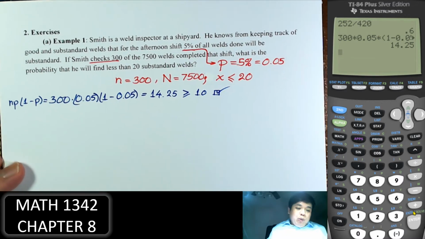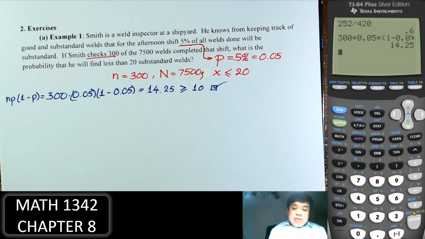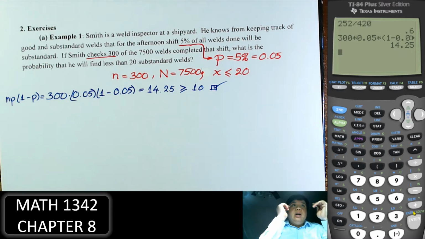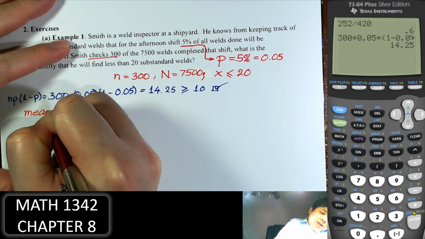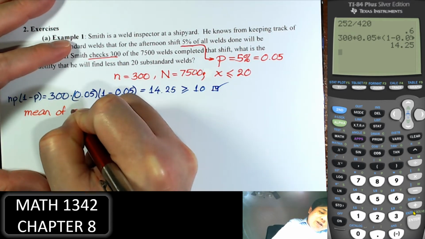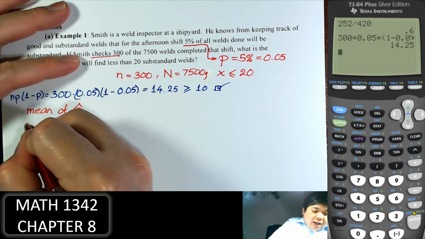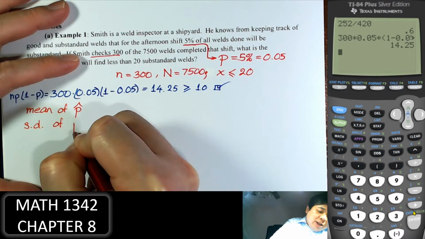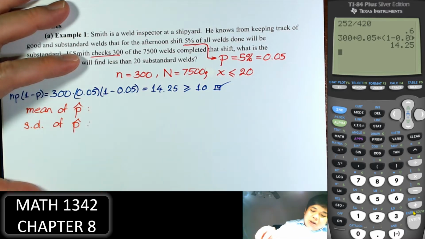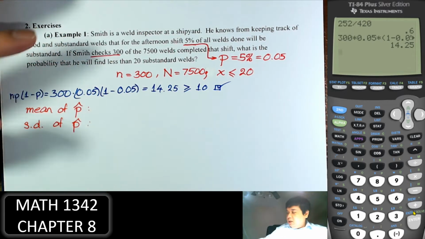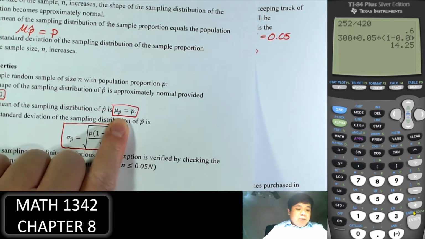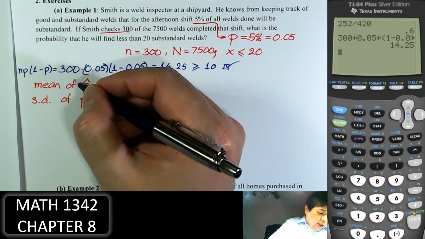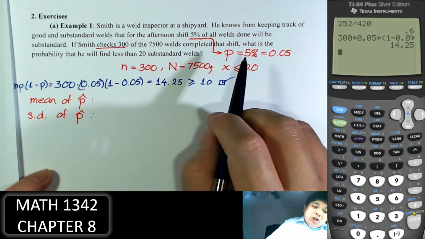Now with that, we calculate the probability. Because this one is approximately normal, we are going to need the mean of the sample proportion and the standard deviation of that. So first, the mean of the sample proportion is equal to the population proportion.